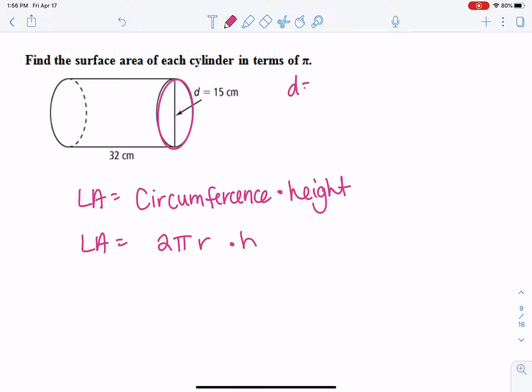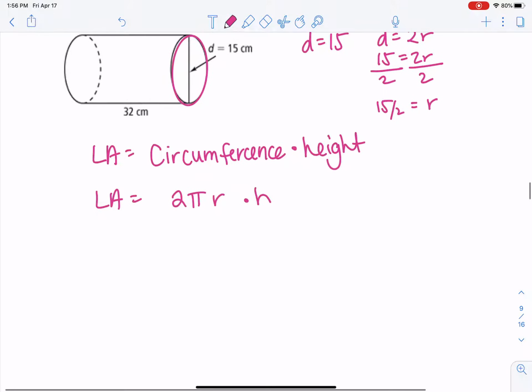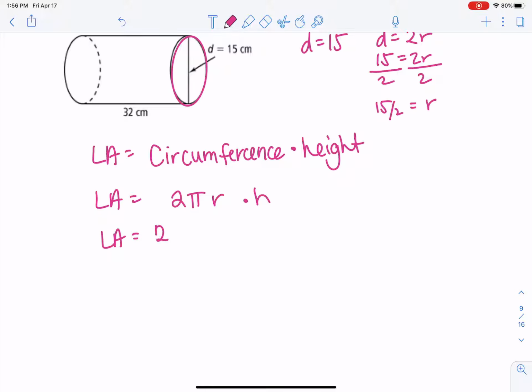So if the diameter is 15, then that radius is just going to be 15 divided by 2. So if you want to do decimals, that's 7.5, or you can leave it in fractions. So the lateral area is 2 times pi times 15 over 2, and then the height of that, even though it's on its side, is still 32.